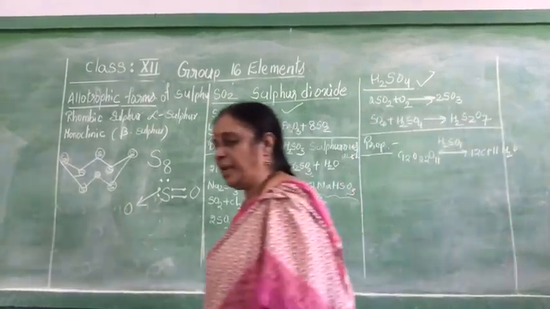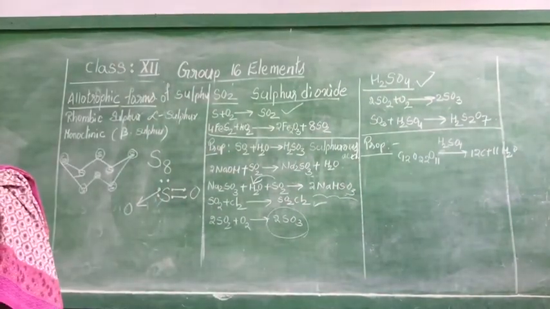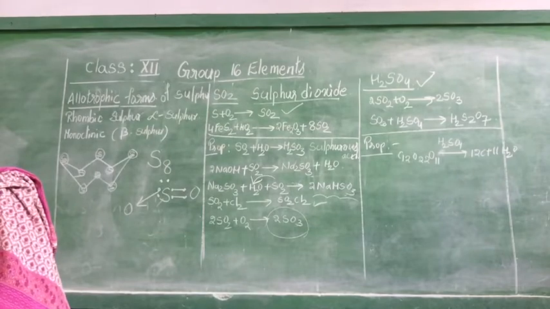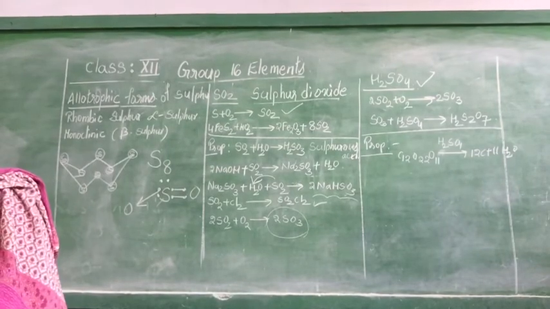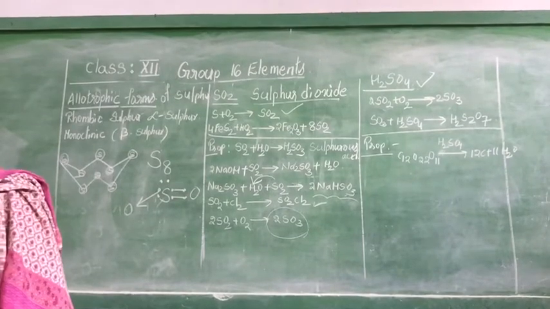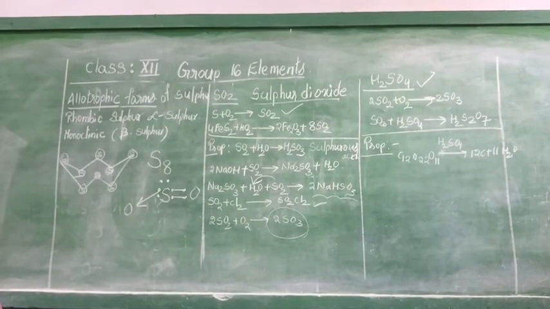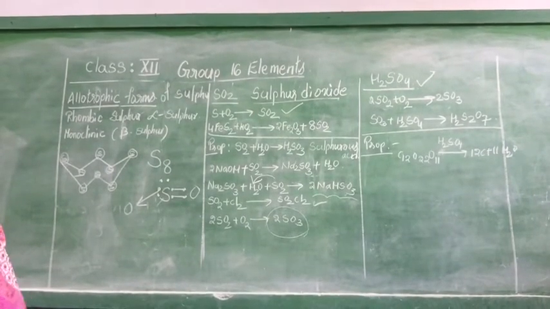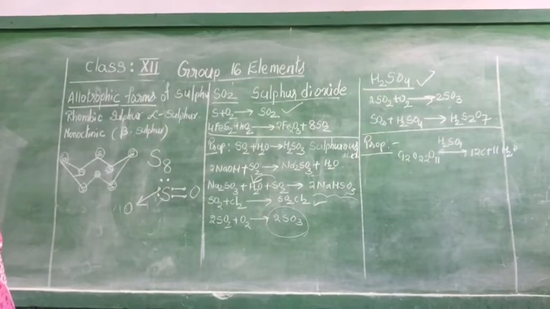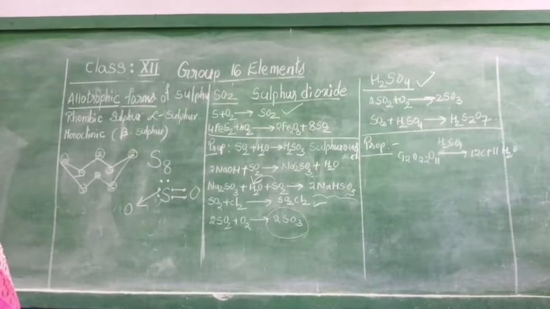Now the oleum further reacts with H2O to form sulfuric acid. Clear, children? I repeat, manufacture of sulfuric acid by contact process. Sulfuric acid is one of the most important chemical substances. Now, how will you manufacture it? Burning of sulfur or sulfide ore to generate SO2, the conversion of SO2 into SO3, and absorption of SO3 in H2SO4 to form oleum.